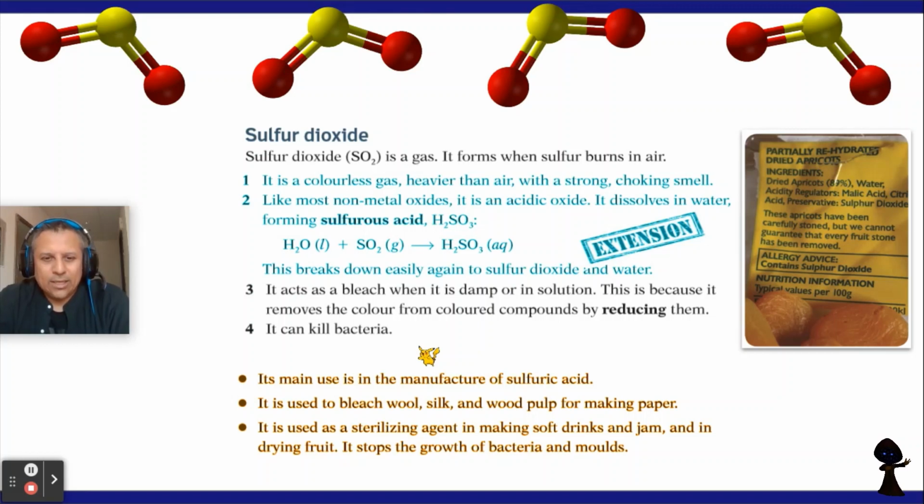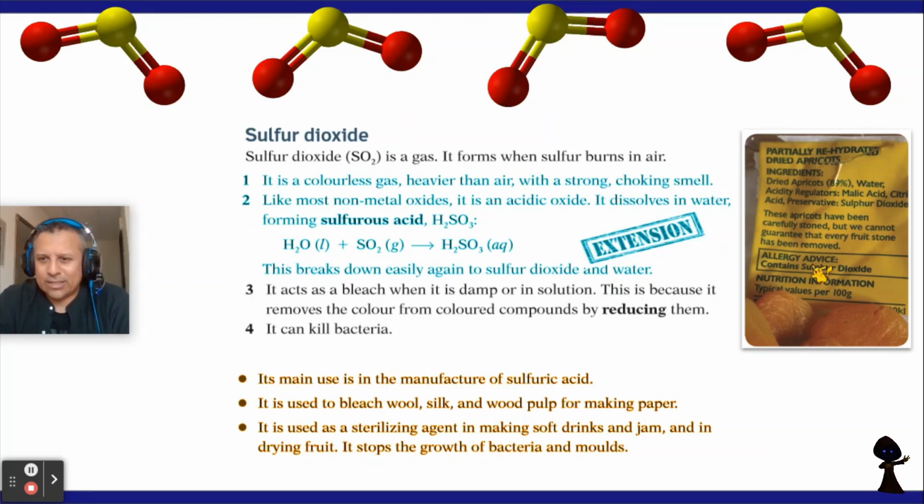Sulfur dioxide acts as a bleach, so we use it to bleach wood, wool, silk, and wood pulp for making paper, because it removes the color from colored compounds. It's a really good reducing agent. It also kills bacteria, so it's used as a sterilizing agent in making soft drinks and jam, and in drying fruit.